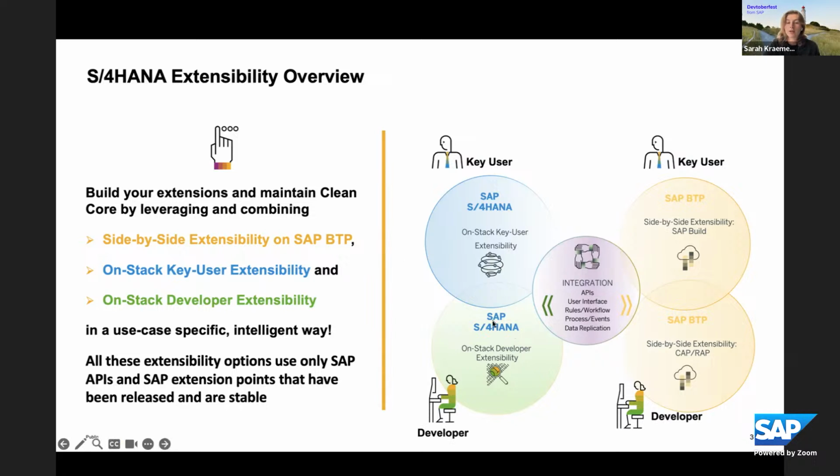Developers can also do extensions within S/4 with on-stack developer extensibility, where you can write custom ABAP code. For example, if you really need a coupled extension where you have to do SQL statements and need SQL access to the S/4 system. So this is all very tightly coupled to S/4.